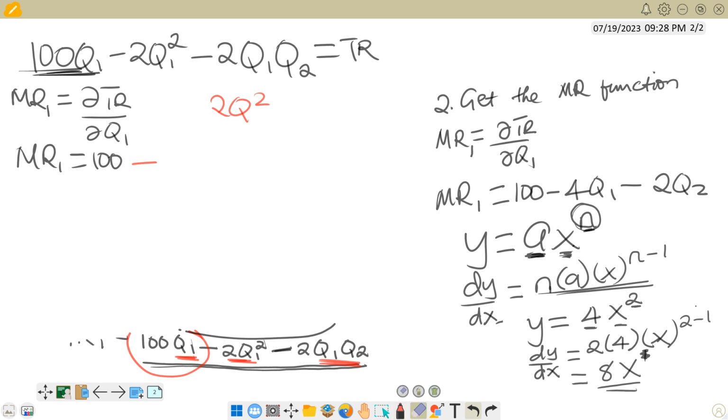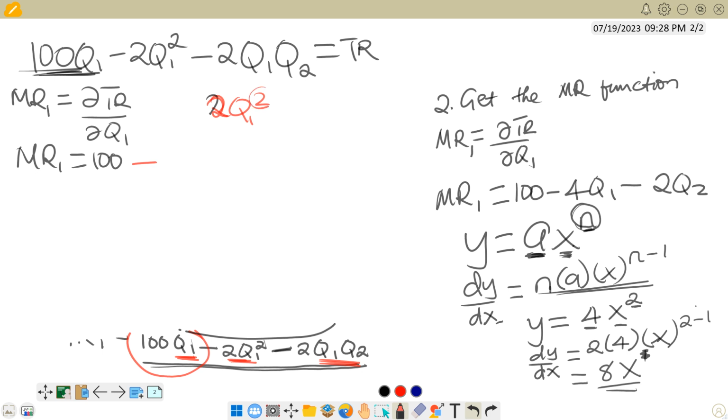I'm doing this so that we can reduce the ambiguity. Okay, so we're dealing with 2q1 squared. So we want to differentiate this with respect to q1, right?